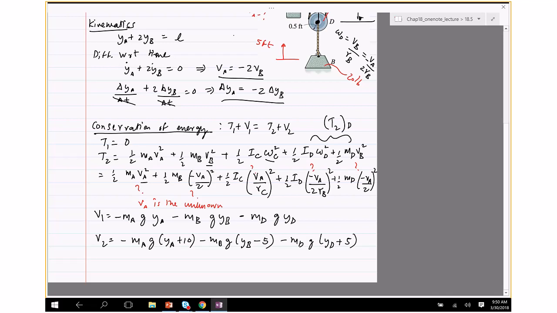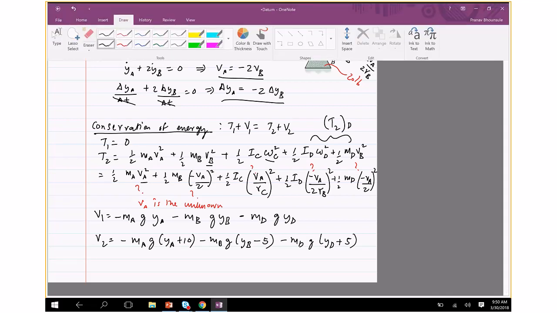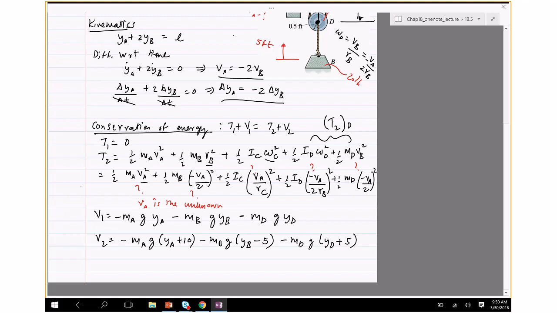If I'm out of time, let me just complete this. I'll take all these things and put them into this equation, and you see that this YA will cancel with this YA, this YB with this YB, and this YD with this YD. When you take the difference, you'll be left with no YA, YB, or YD. So you can get the value.